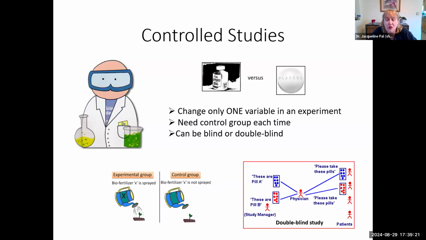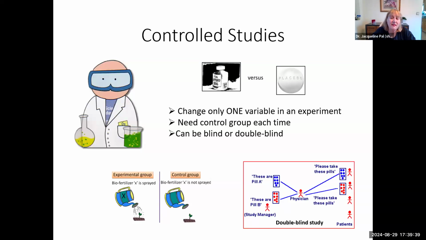So if they think the new treatment is better, they will tell you better results. If they think they're going to get more side effects with the new treatment, they will tell you more side effects. If they don't think the new treatment will work, then they will be telling you it's not working.